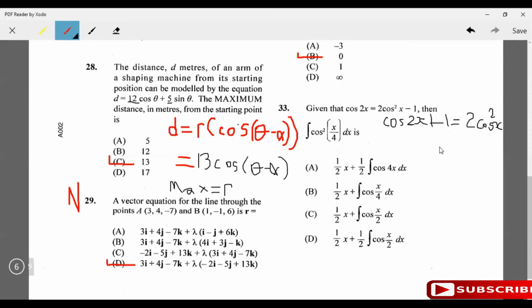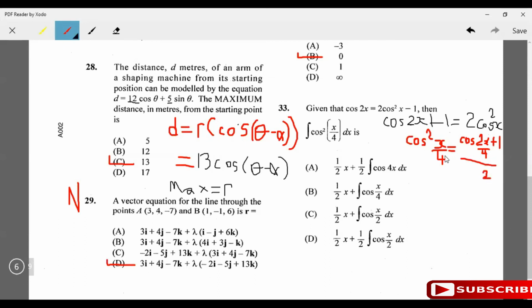And we can divide out by 2 to say that the cosine squared of x over 4 is equal to, we divide through by 2, cosine of 2 times x over 4, plus 1, and we're dividing that by 2.